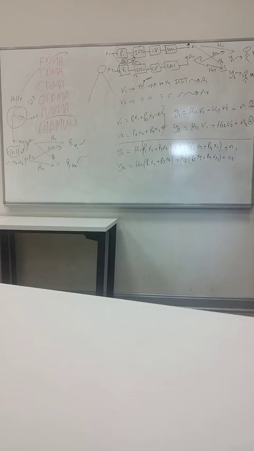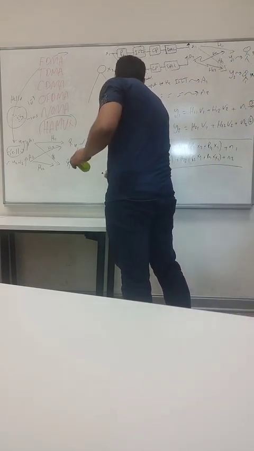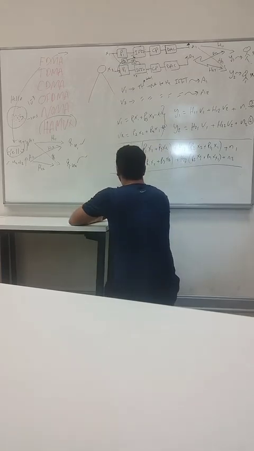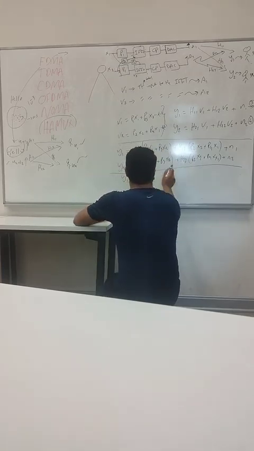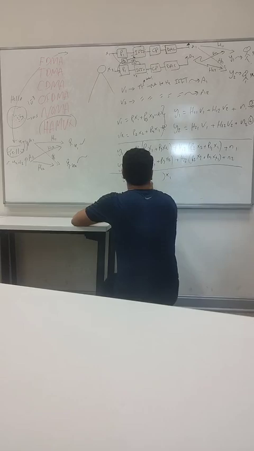Anything related to x2, put it in one term. So in this case, what do we have? Can you tell me the term of x1? So y1 is equal to, I will put x1 here, and then what do we have here?